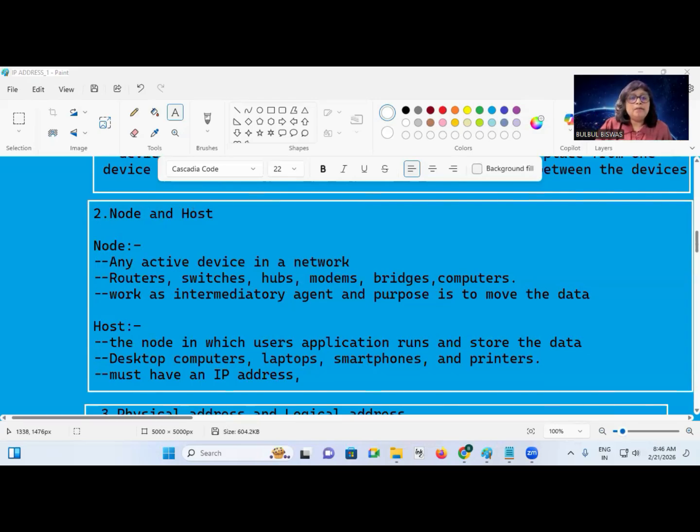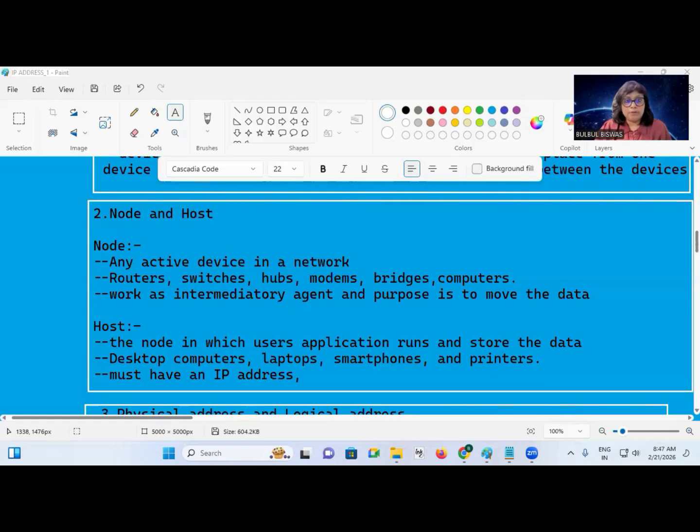It does not mean the node does not have an IP. I am saying the same thing. The node which has an IP address and the capability of running the user's applications and storing data is called a host. So the desktop, laptop, printer, and smartphones come under the host.